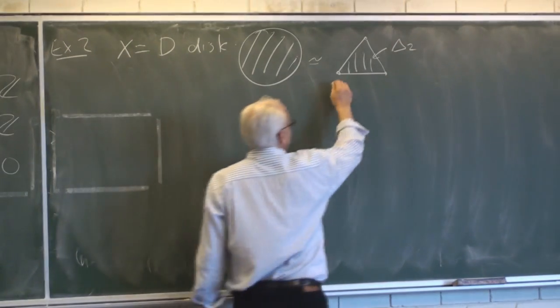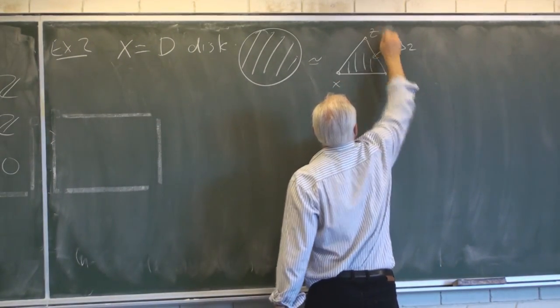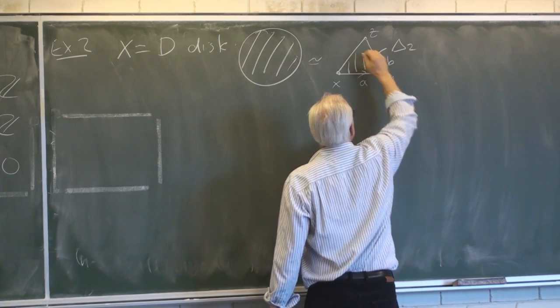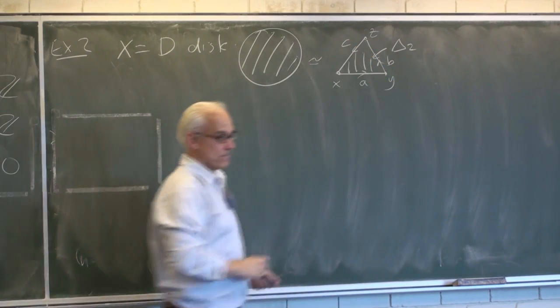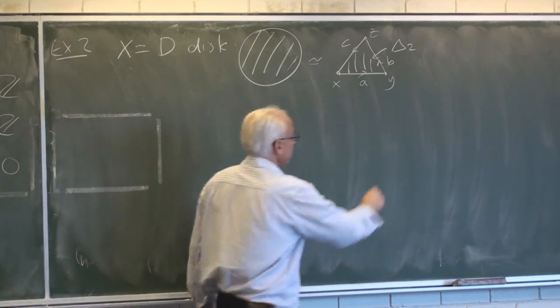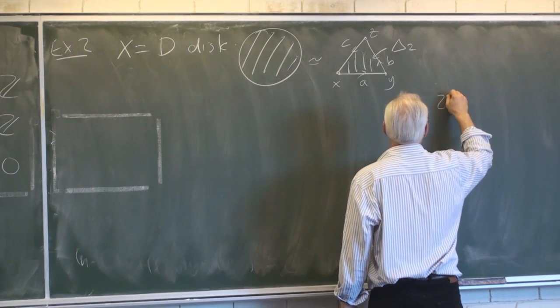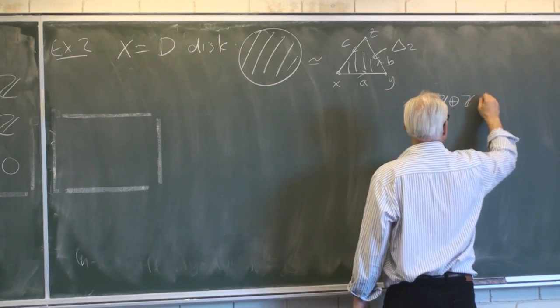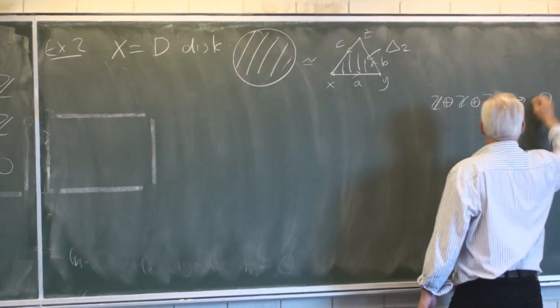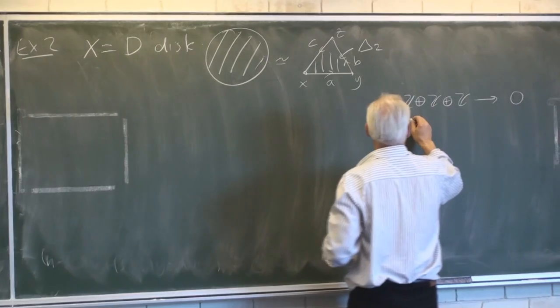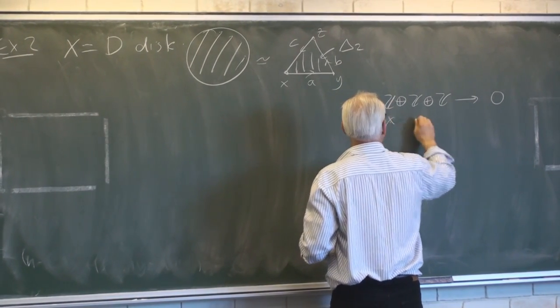All right, if we use the same notation as before, x, y, z, a, b, c, then the only difference really happens with the two cell. So our chains, zero-dimensional chains, are still spanned by x, y, and z.